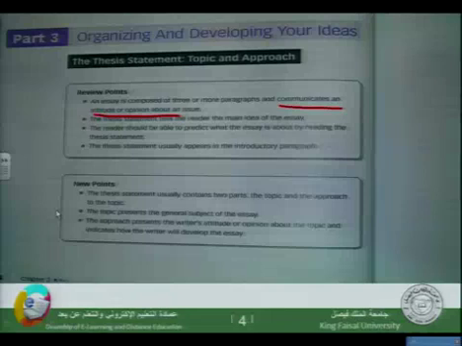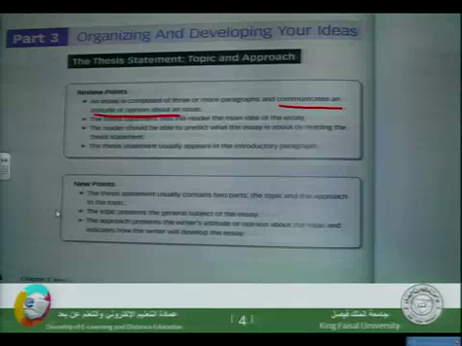What you have to do is you have to give the reader a clear idea of what you intend to talk about in the following lines and paragraphs. Is that clear? I hope so. So the thesis statement tells the reader the main idea of the essay. Third point we have here is the reader should be able to predict what the essay is about by reading the thesis statement.